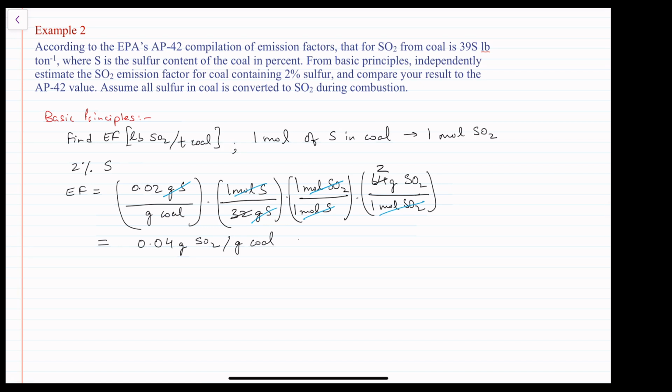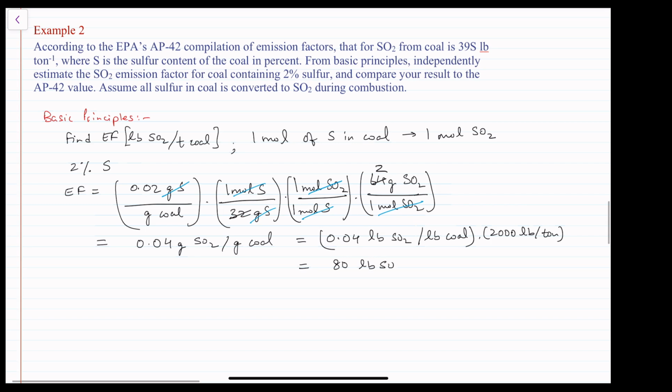And so that will also mean 0.04 pounds of SO2 per pound of coal. And we know that 2000 pounds is a ton. So if we calculate that, what we get is 80 pounds of SO2 per ton of coal.